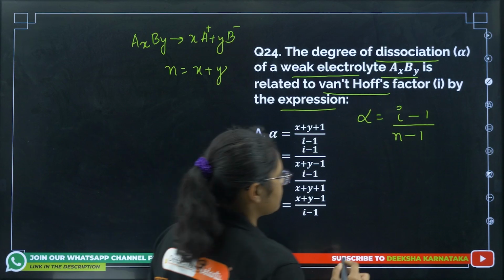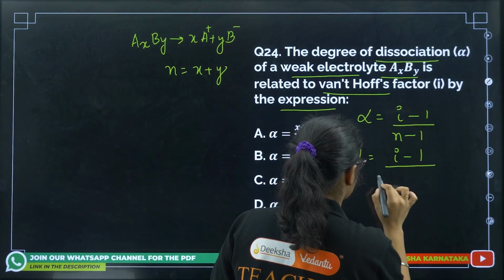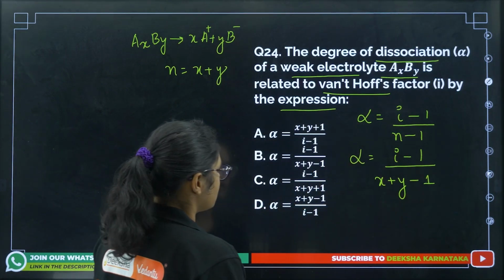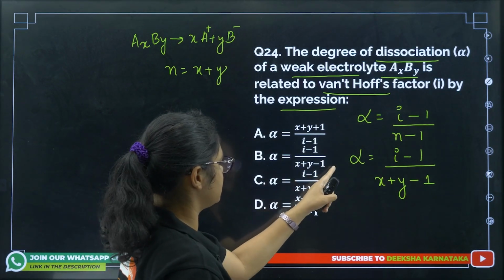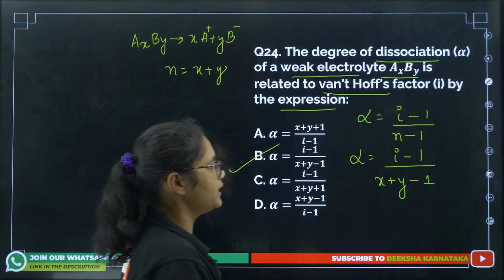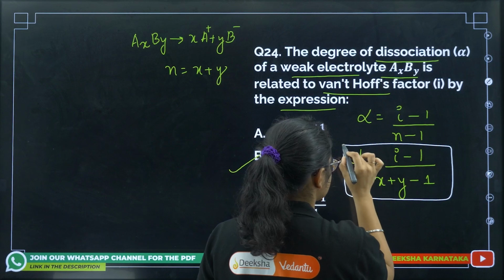So alpha is equal to i minus 1 by x plus y minus 1. The correct answer for this question will be option number B, right? So this is my answer.